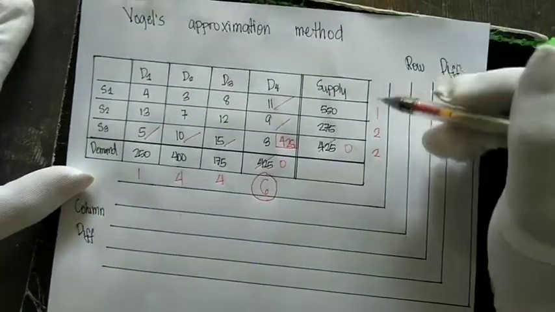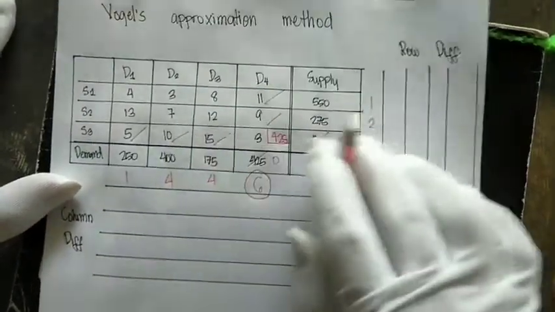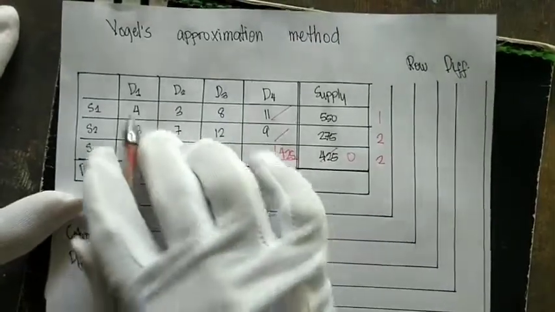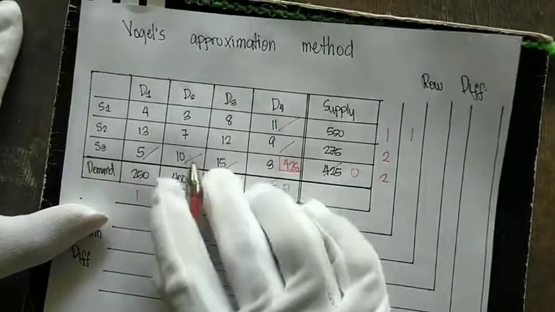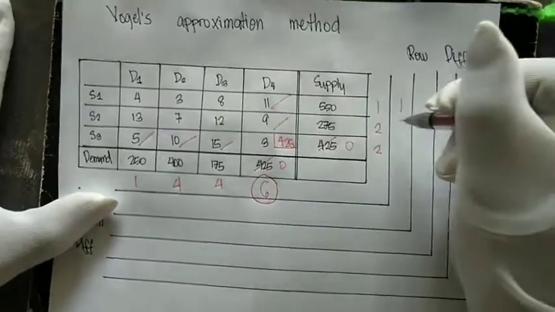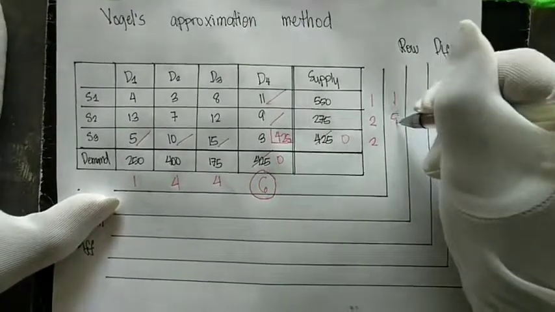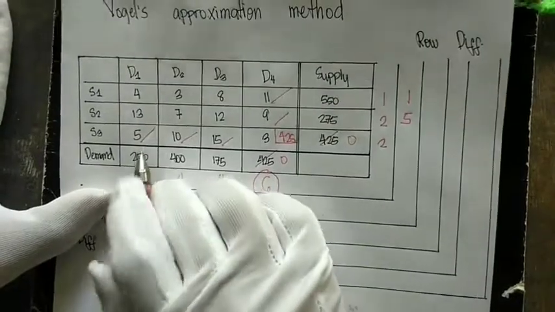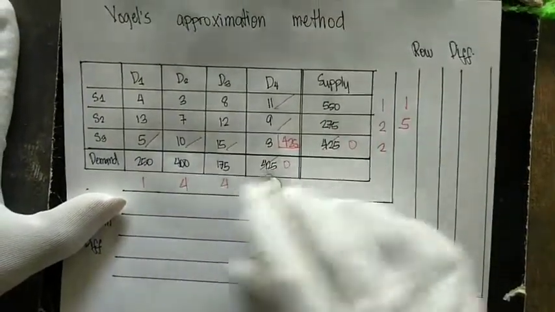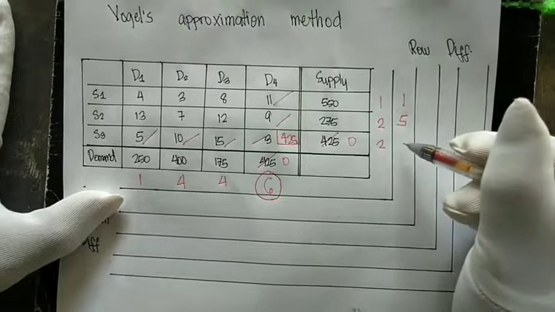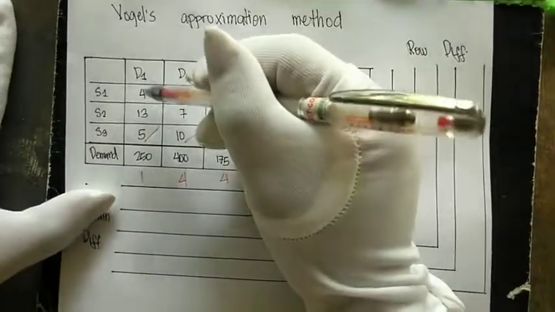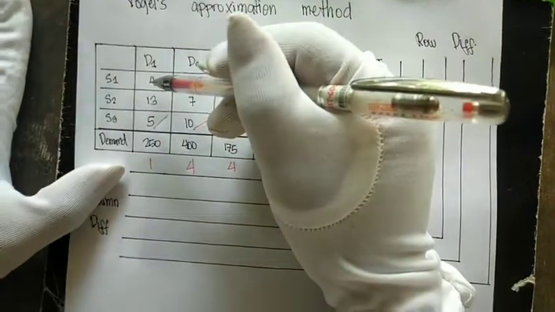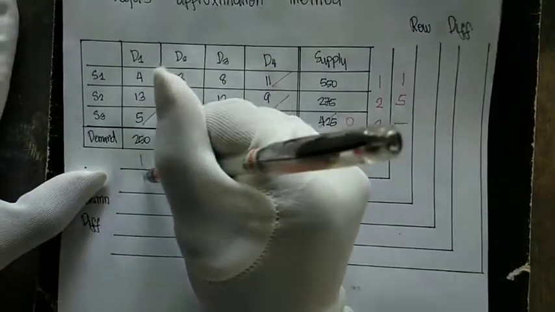So our remaining cells will be these. For our next step, we follow the same process. 4 and 3 we will get 1. 7 and 12 we will get 5. Since our third row is cancelled out, this will be cancelled. In our first row, 4 and 13 we will get 9.